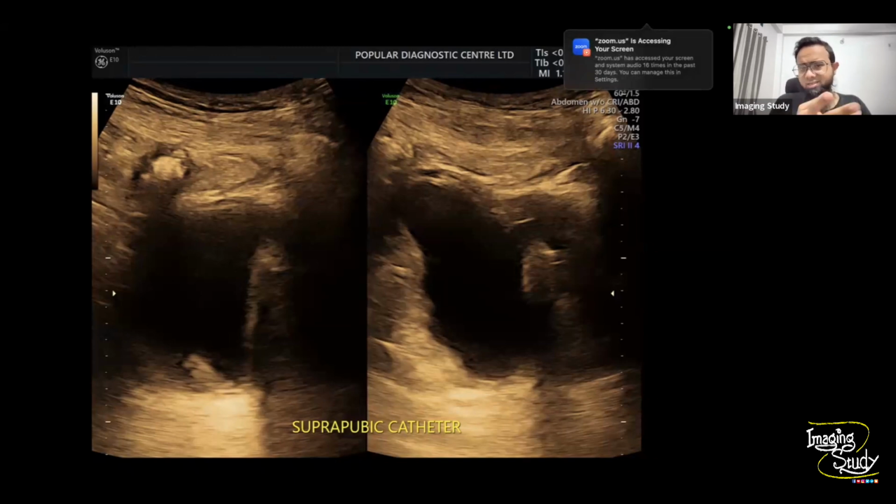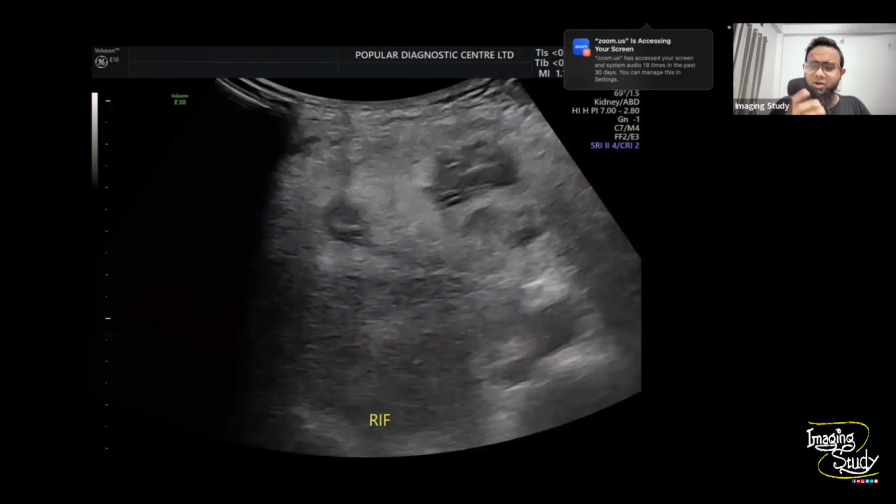Just some hints that this patient had a suprapubic catheterization and surrounding appearance of cystitis due to this catheterized state, or it might be vice versa. Due to cystitis, the patient couldn't void, so there might be some catheterization, whatever. The patient is quite non-cooperative, so it was very difficult to get the history. Anyway, let's jump into our main topic.